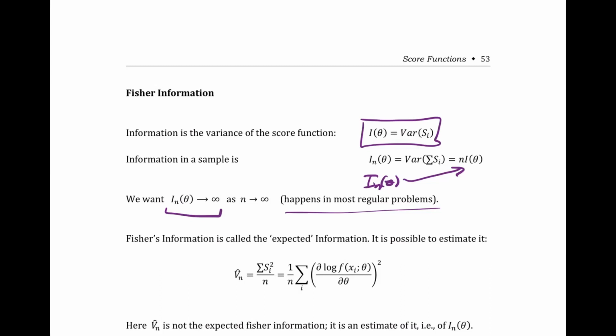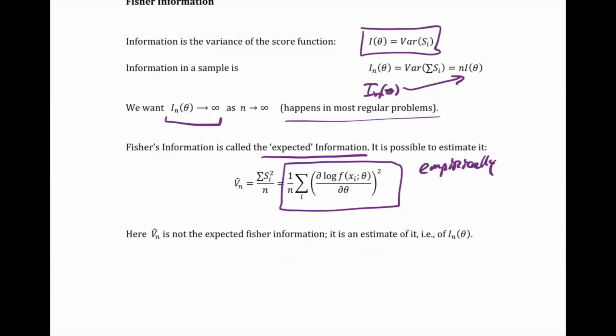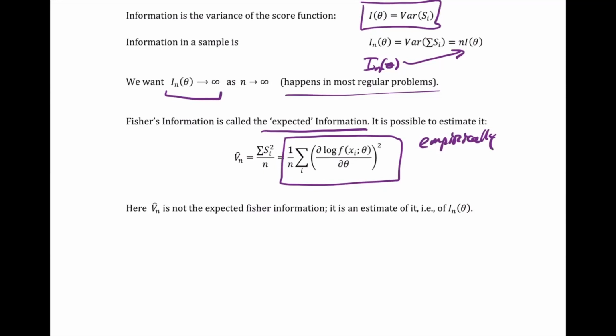Fisher's information is actually called the expected information. So it's possible to estimate the information itself by computing the minus log f theta squared, summing them up, and dividing by n. So you can do this empirically, which is not a problem. Here, this empirical estimate is not the expected Fisher information.